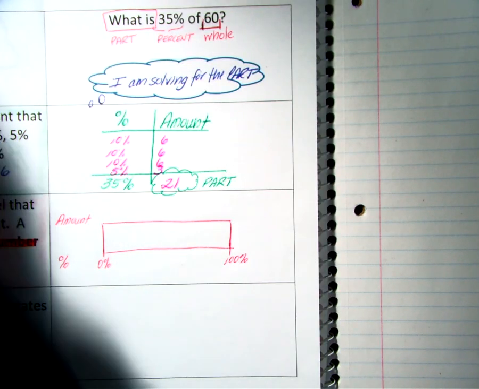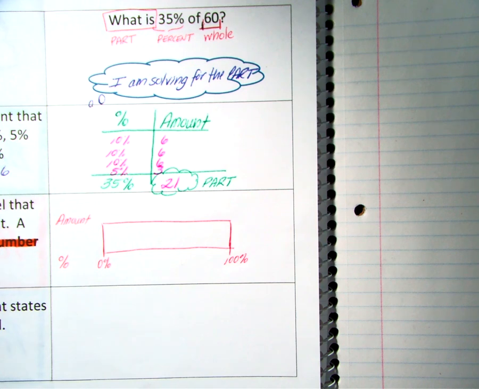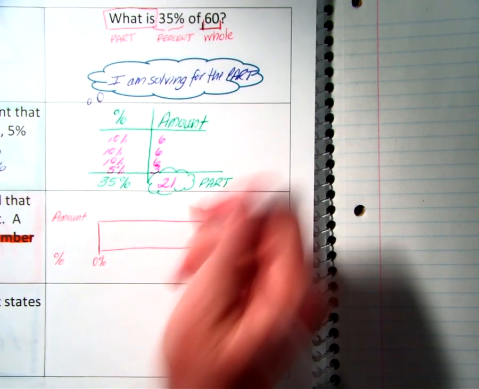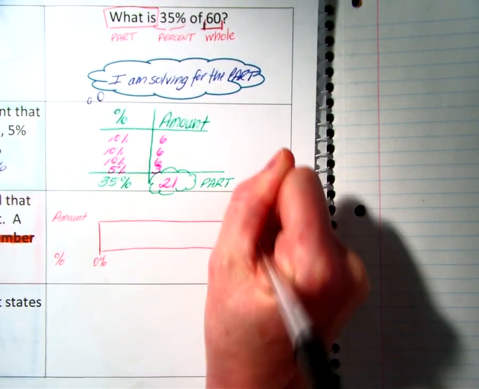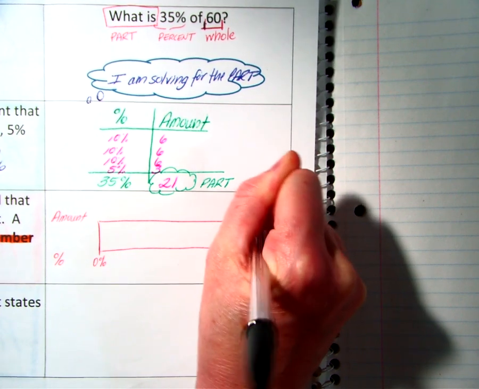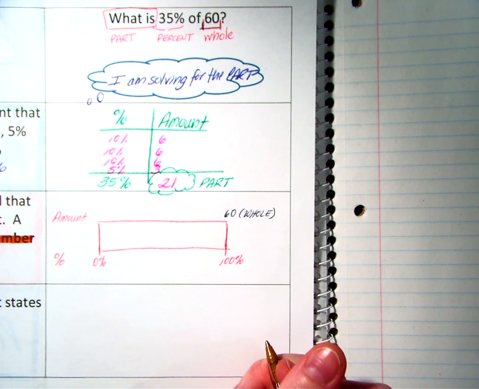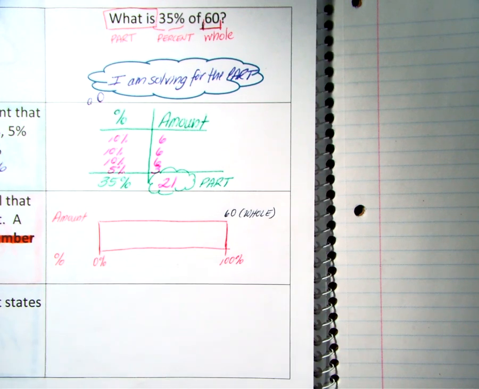First, I can start to think of some items that I know. For example, I know that if I have the entire box of crackers, I have 60. And 60 represents the whole. I'm in search of the part. And in fact, I haven't even illustrated where 35% would fall in my world here.